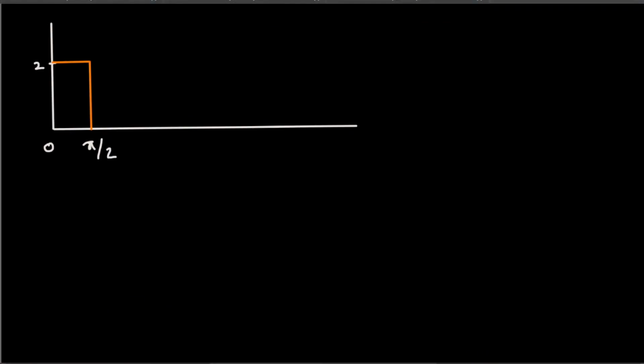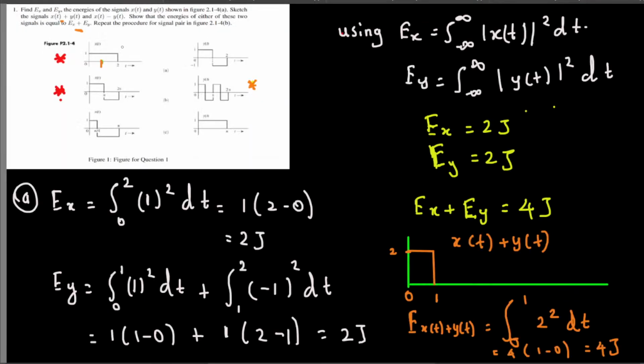So that is 0 to π/2. Now π/2 to π, the height is -1 here and here +1. If you add +1 and -1, that's going to become 0, so we don't care about this one.